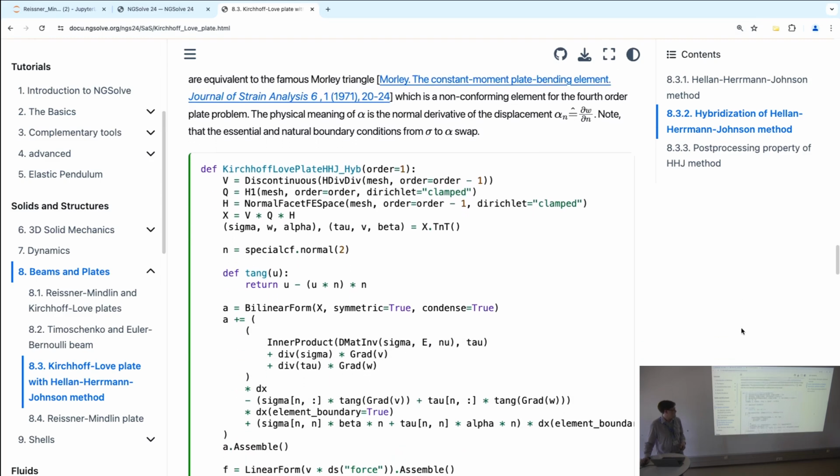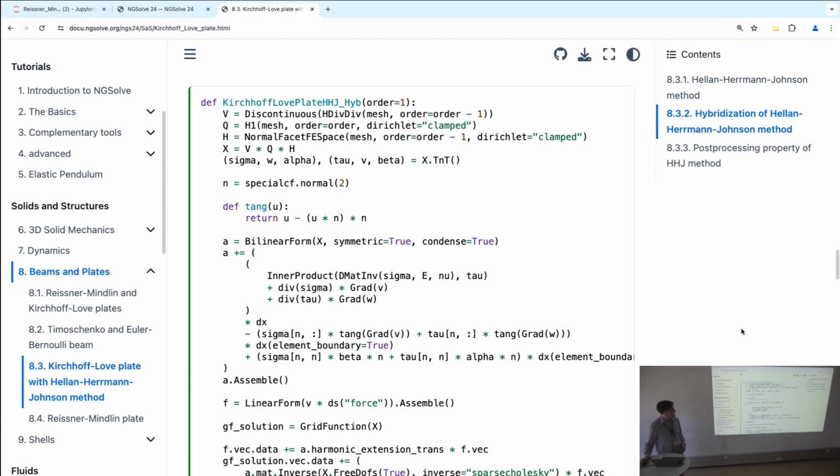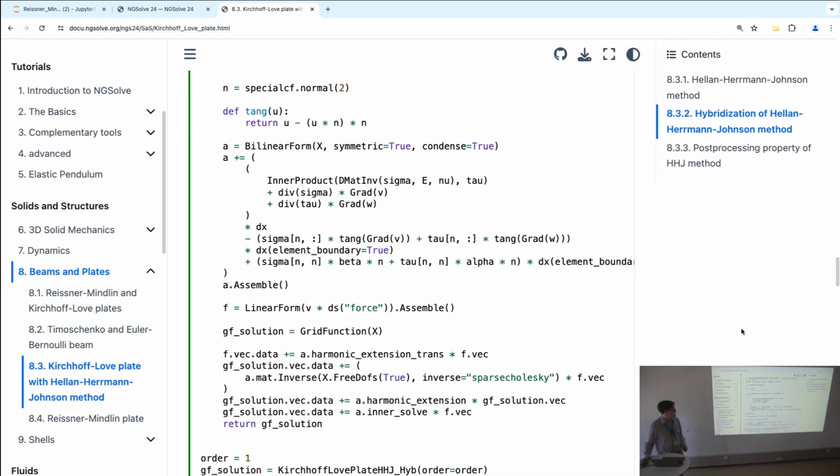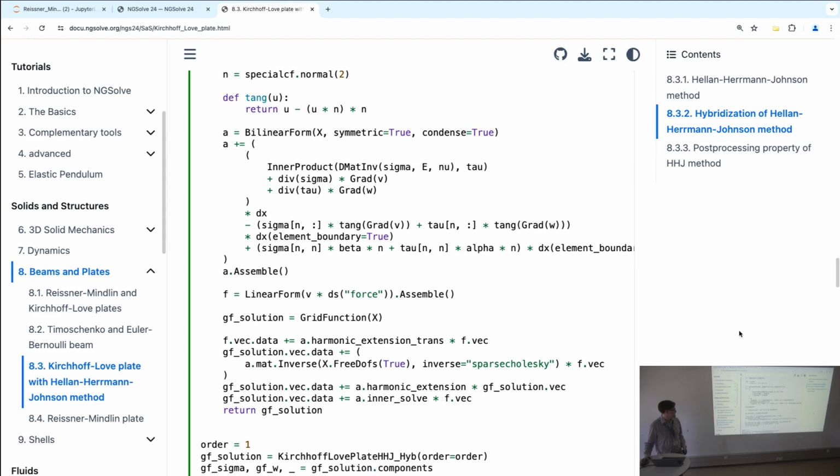And nothing really changes if you want to use static condensation. You need to make your space discontinuous and have a new Lagrange multiplier to enforce the lost continuity. I also write on this line here is for enforcing the continuity. You say, please use static condensation.